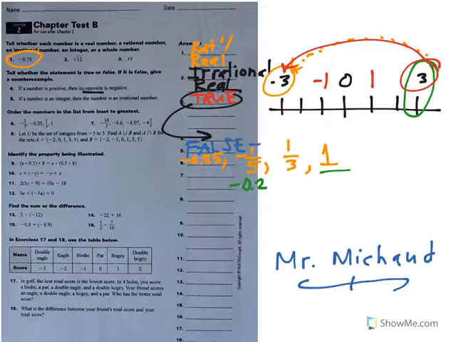Number 7, same type of deal. The smallest for number 7 is going to be negative 14/3. Negative 14/3, if you think about it, 3 goes into 14 4 times, making 12. 12 is 2 away out of 3. Negative 4 2/3 is like negative 4.66 approximately, or negative 4.6 repeating. So that is a larger negative, which makes it a smaller value.